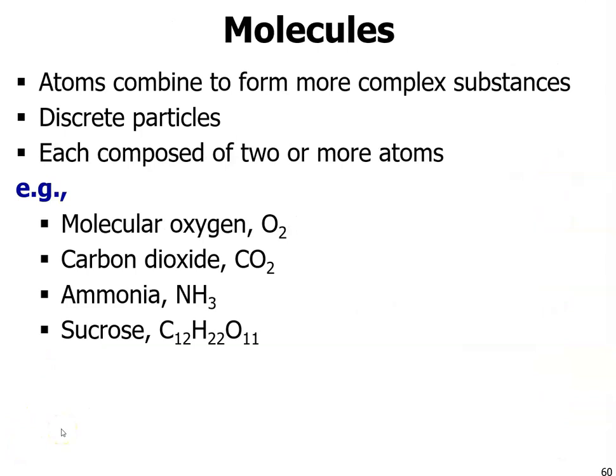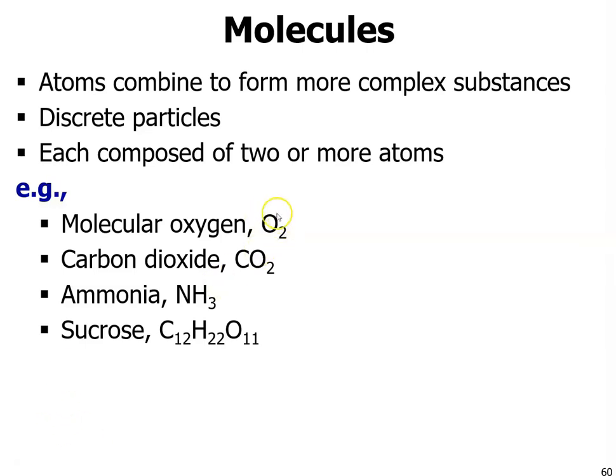When we're talking about molecules, remember John Dalton's theory discussed that atoms combine to form more complex substances. Those are called molecules. Each of the different types of molecules, depending on their organization and the numbers and types of different elements in them, gives us different types of compounds.